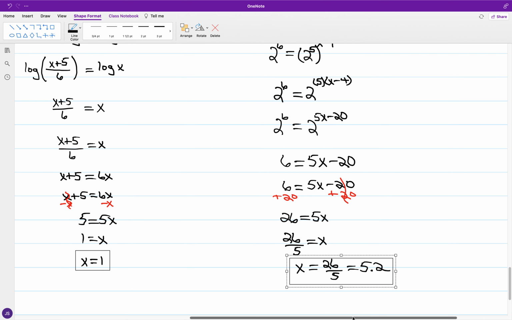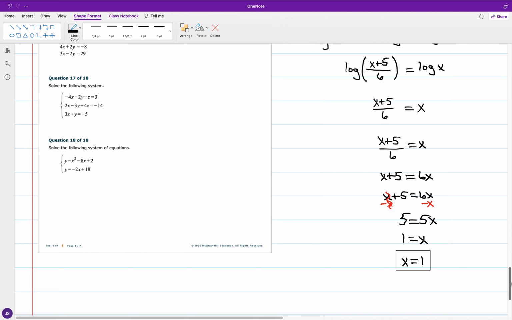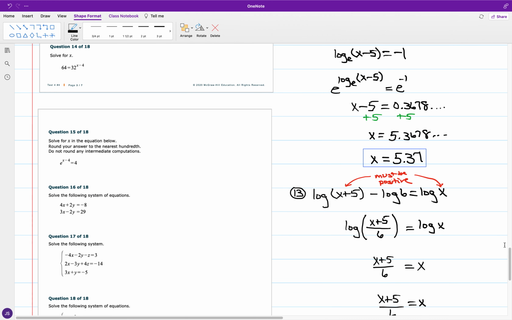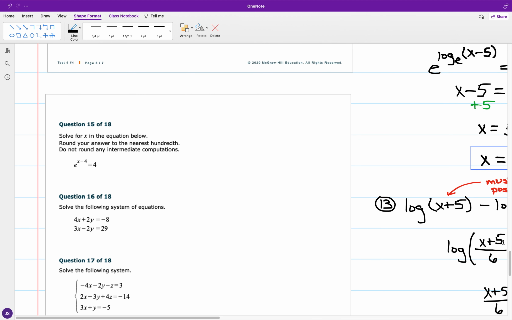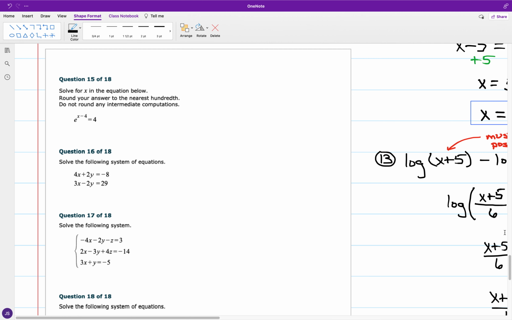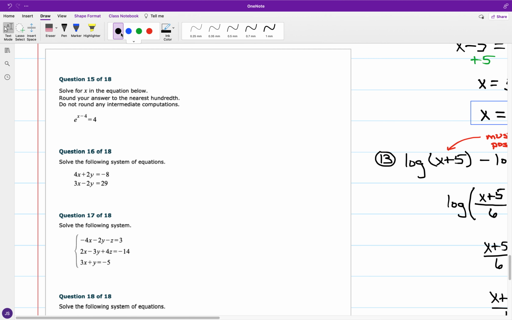Now, what we have in the case of item 15, we're looking at the exponential base e, and just like the other problem, it says to round to the nearest hundredth, in this case to the nearest 2 decimal places.